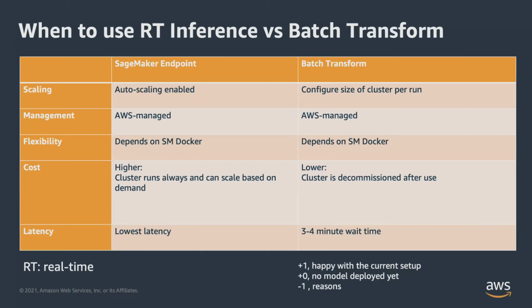And you can also put -1 if you are not happy with your current endpoint setup, and you can mention the reasons why. I will give you a few seconds to put your states on that. I saw some +0, and I saw people that are happy with their setup for deployment.